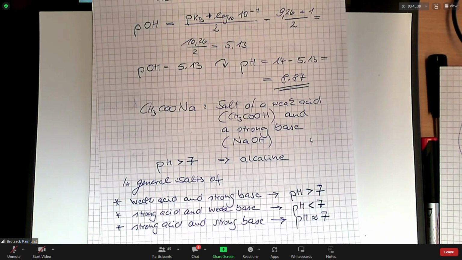When we try to neutralize, let's say we have at the beginning a solution which is acidic, and we try to neutralize it. What do we use for that?